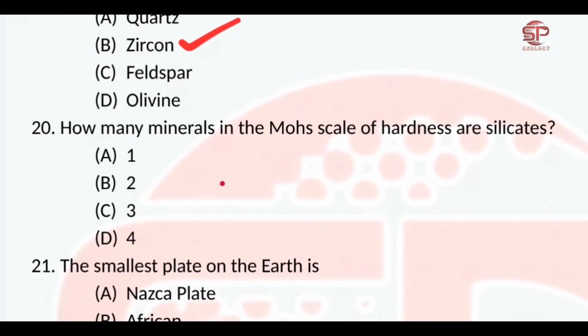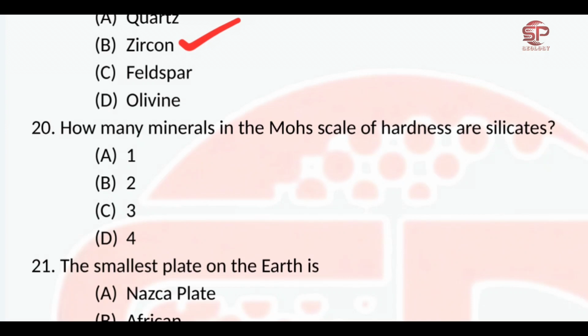How many minerals in the Mohs scale of hardness are silicates? As you know, the Mohs scale of hardness consists of 10 minerals: talc, gypsum, calcite, fluorite, apatite, orthoclase feldspar, quartz, topaz, corundum, diamond. From which talc is a silicate, composition Mg3Si4O10. Then orthoclase feldspar, KAlSi3O8. Then quartz, SiO2.